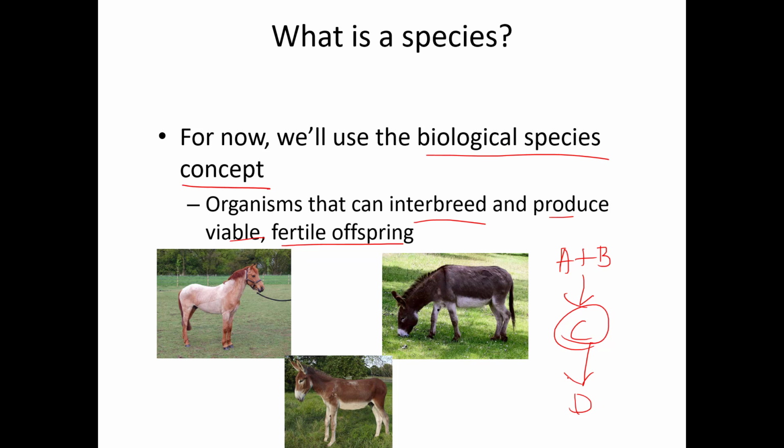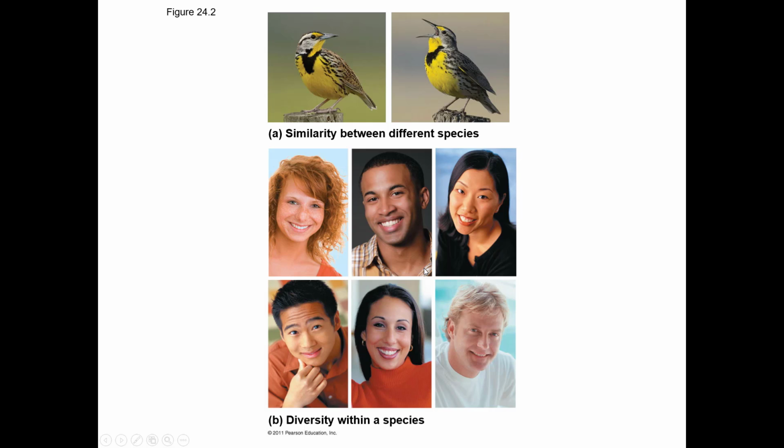So when a horse and a donkey have a baby, they give rise to a mule. That mule is viable, meaning it's alive, but typically it's not fertile. So a horse and a donkey are considered separate species. They can have babies, but those babies are not fertile. That's the biological species concept.